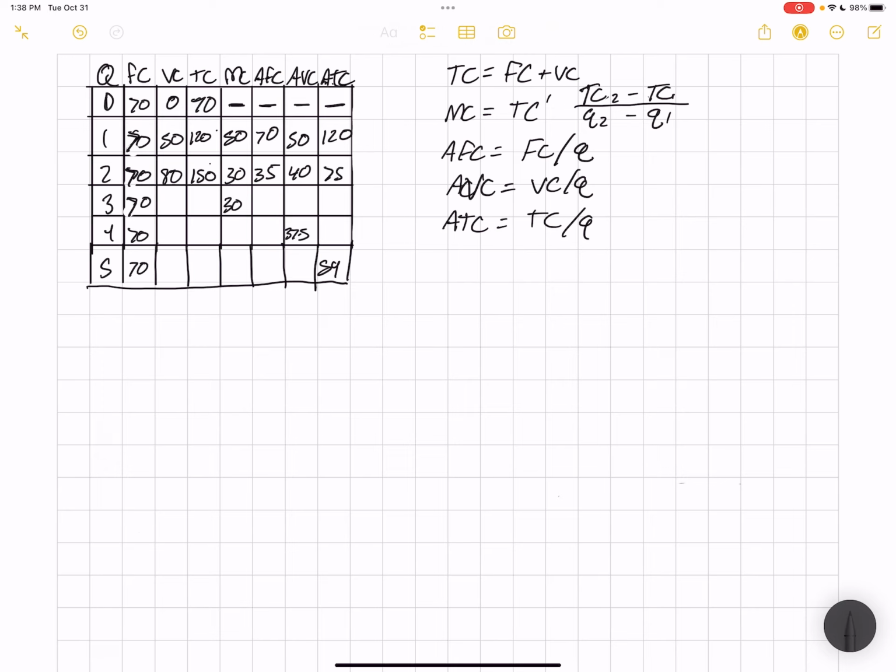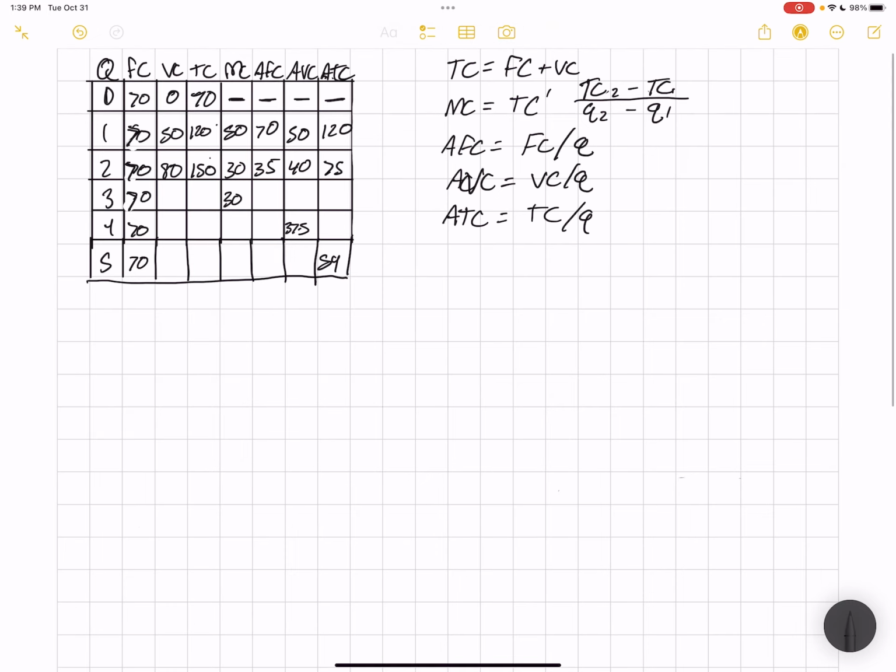So for the next one, it gives us marginal cost, and it wants to know variable cost, total cost, and these three over here, AFC, AVC, and ATC. So if our marginal cost is 30, that means our previous total cost plus our current marginal cost equals this number right here.